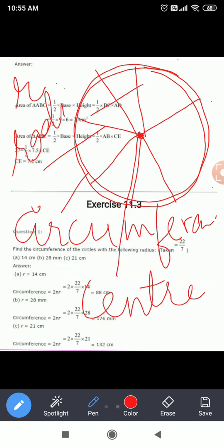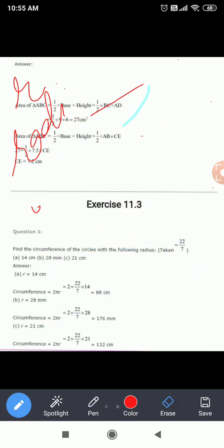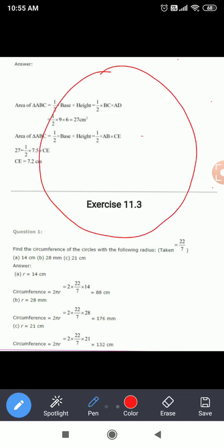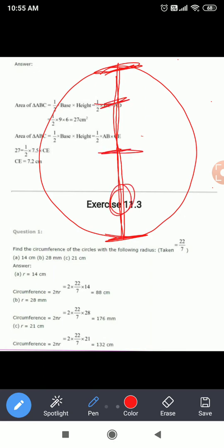Clear? And if in the circle, this is the center, we join it straight to both sides of the circle boundary, then one radius will come here and another radius here.